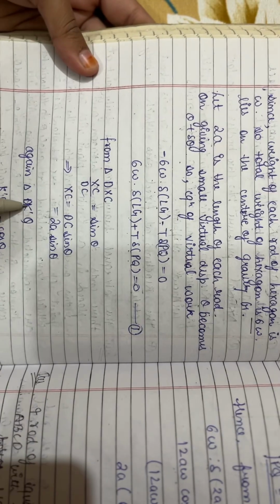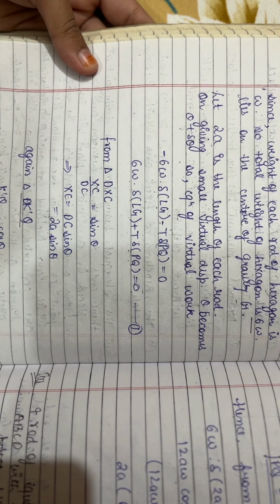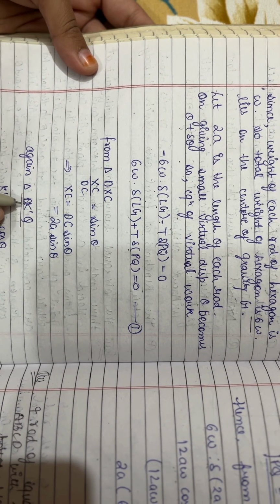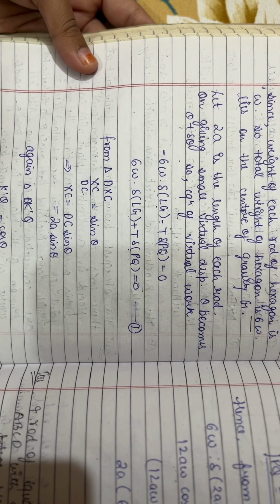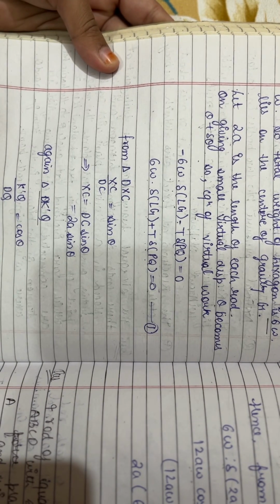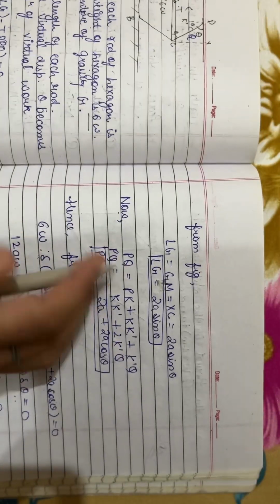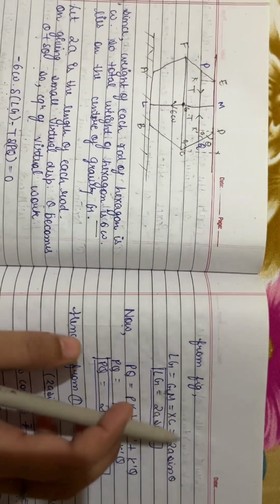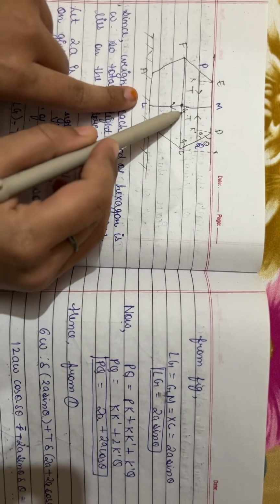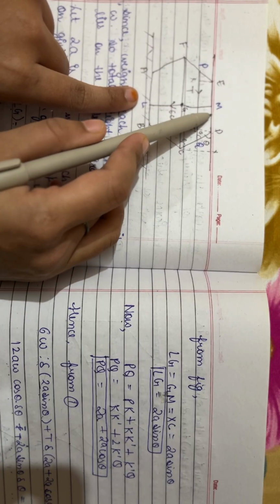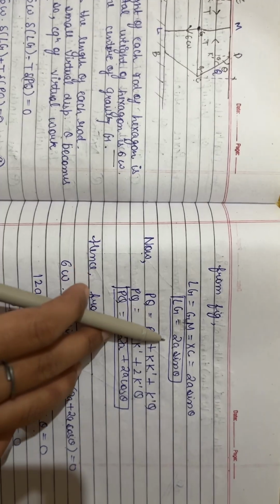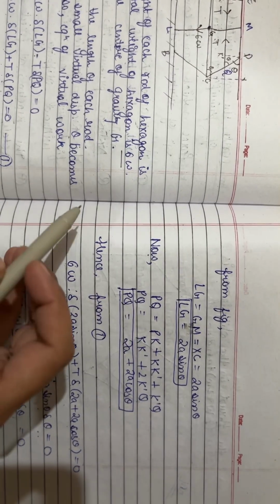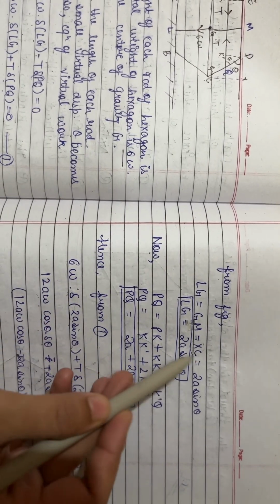Again, finding the value of K'Q: in triangle DK'Q, K'Q upon DQ is equal to cos theta, so K'Q is equal to a cos theta. From the figure, we can see that LG is equal to GM is equal to XC. So LG becomes 2a sine theta, as we have previously calculated the value of XC.